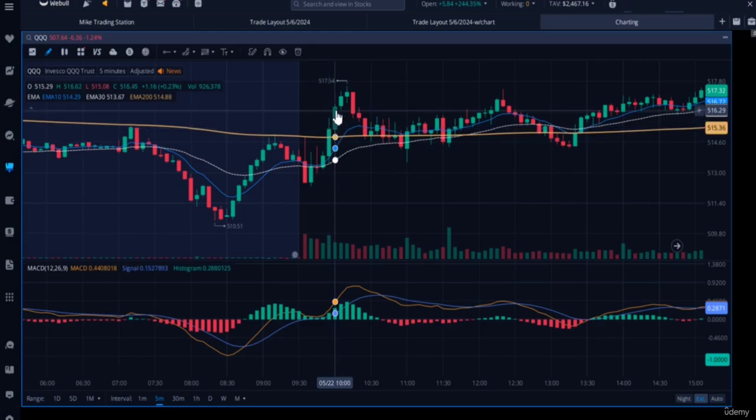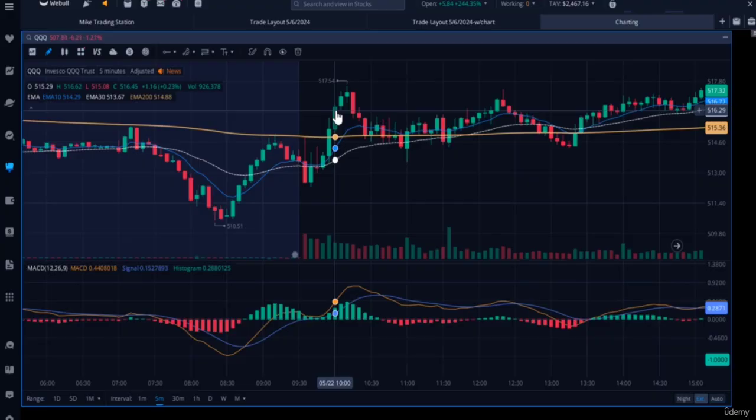Ride it on up. And when you're in the trade with the guardrails, what you do is this. As it goes in your favor, you move the guardrail, or the stop loss, up so that you're always walking away with green. If it goes red against you, you've got no choice. Take your hand off the computer and let the guardrail stop you out. But if it's in your favor, move it up and let the guardrails do what they do.